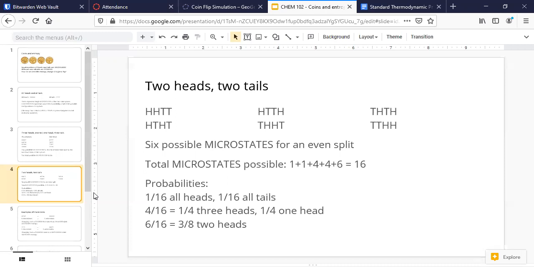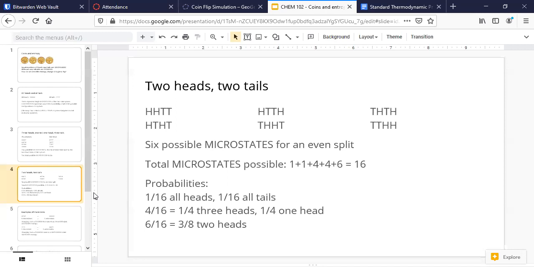One possible microstate out of 16 possible can be all heads. One possible microstate out of 16 can be all tails. I have 4 possible microstates out of the 16 with 3 heads. I have 4 possible microstates out of the 16 with 1 head. Oh, 4/16, that simplifies as a fraction to 1/4.